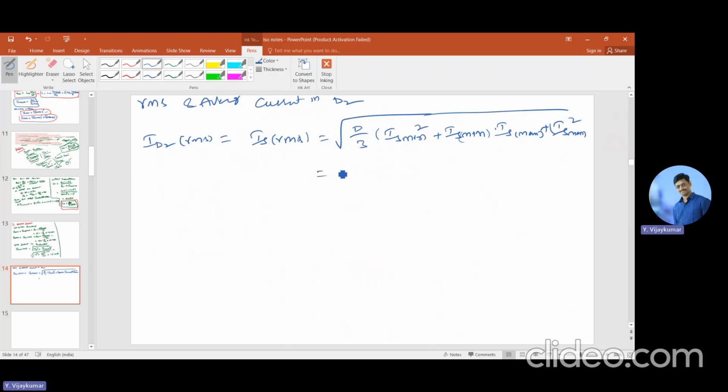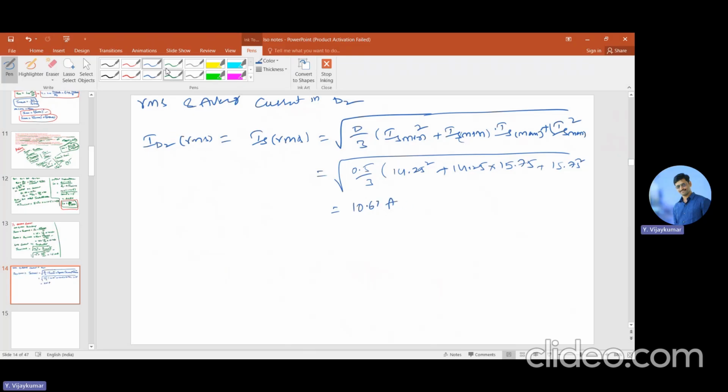This is the formula here. As you know, D is 0.5, divided by 3 into 14.25 square plus 14.25 into 15.75 plus 15.75 square. So this would be 10.61 amperes.